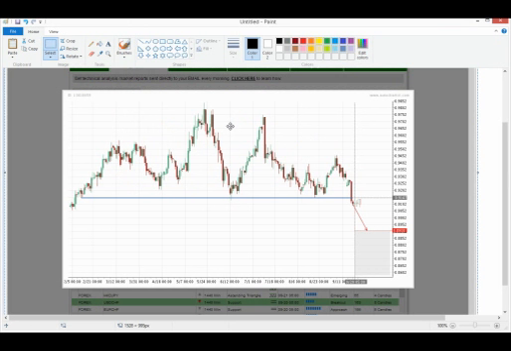Basically, I've just copied and pasted that image into Microsoft Paint so I can illustrate it. Now, as you can clearly see, there was a long downward trend over here to get through the breakout, to get through the support level on this US dollar Swiss franc. Now, as we know in financial markets, things don't just carry on going up or down forever.